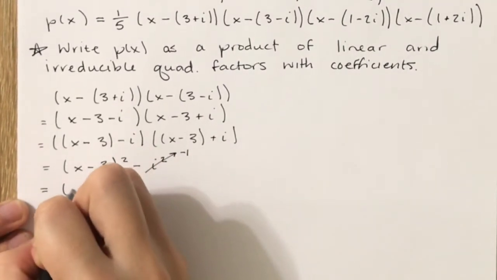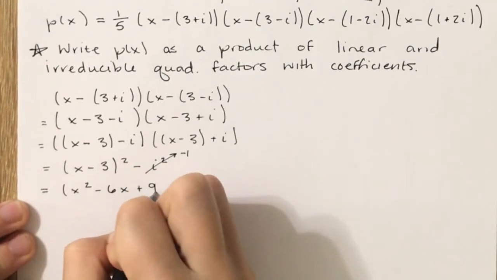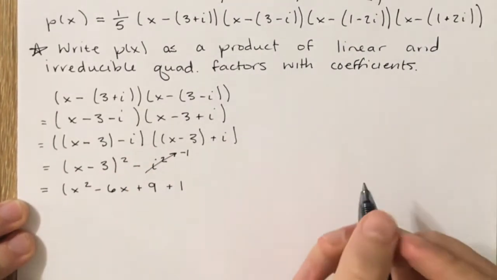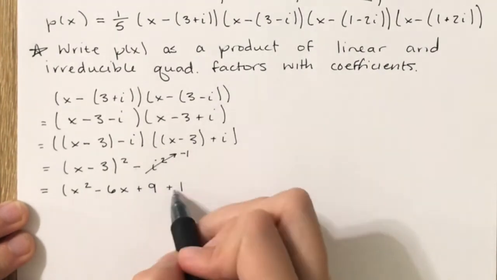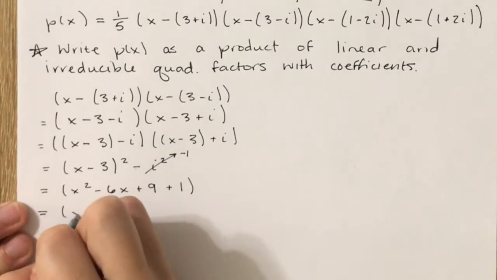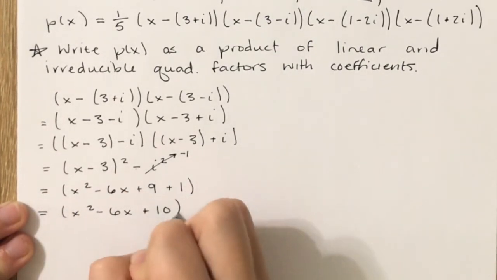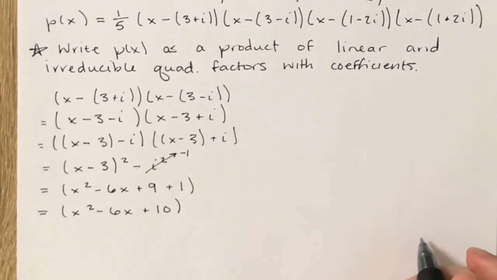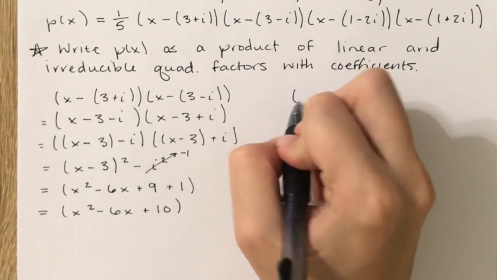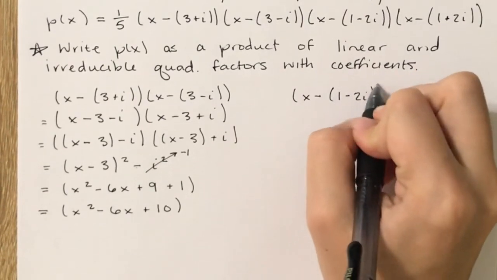So we have x squared minus 6x plus 9 plus 1, because minus a negative 1 is plus 1. So we end up with x squared minus 6x plus 10. Why don't you guys do the same thing with this second pair of complex conjugate factors?